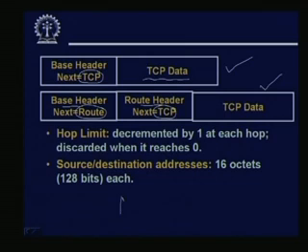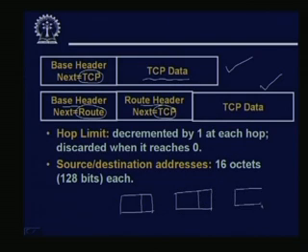So, essentially what it means is that all the headers are like the nodes of a linked list, and there is a connection from one to the other. Okay. So, starting from the base header, you know what is the next type of the header. If there is a header, you process it, otherwise you can straight away go to the TCP data and so on.